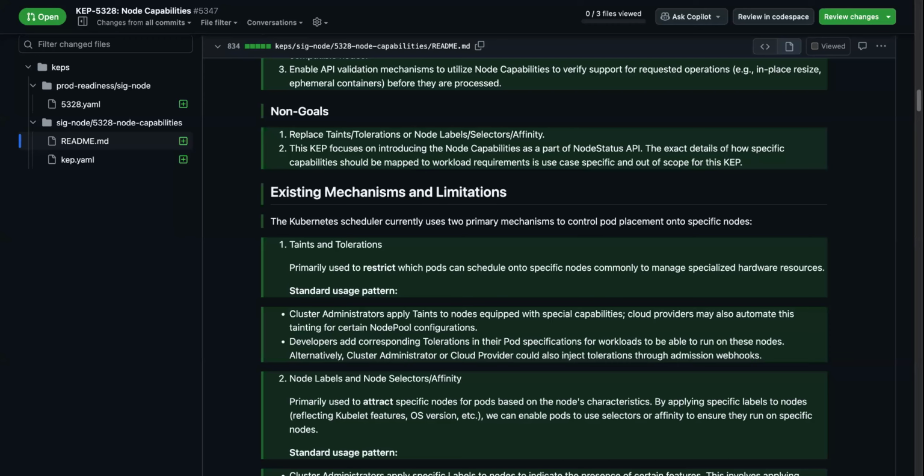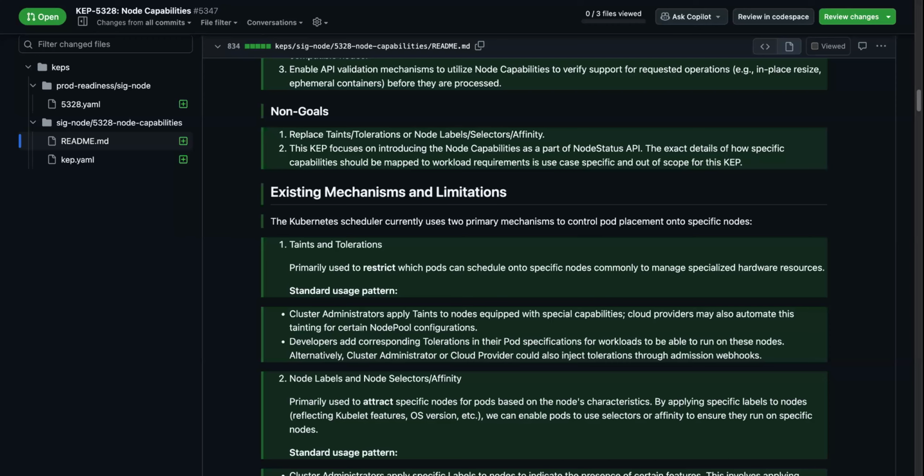This could result in the workload being rejected by the kubelet, or the even worse situation is that the workload is silently running, and the user doesn't even know that it's not working as intended.